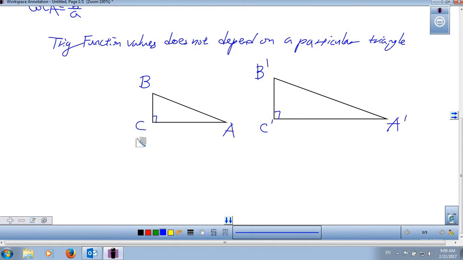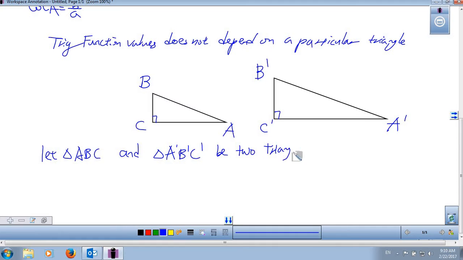Let triangle ABC and triangle A prime, B prime, C prime be two right triangles that have the same angle measurements, where angle A is equal to angle A prime.